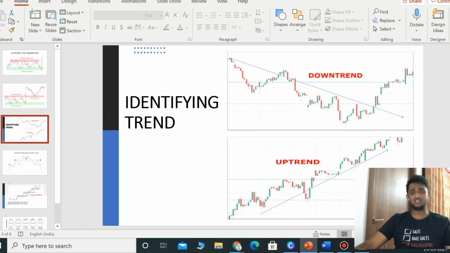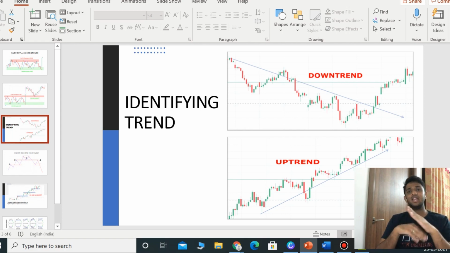From support and resistance, you can move on to trend lines. You can draw trend lines using the line tool found in TradingView, where you can identify a downtrend or an uptrend. Basically, in a downtrend you find many resistances, and in an uptrend you find many supports.